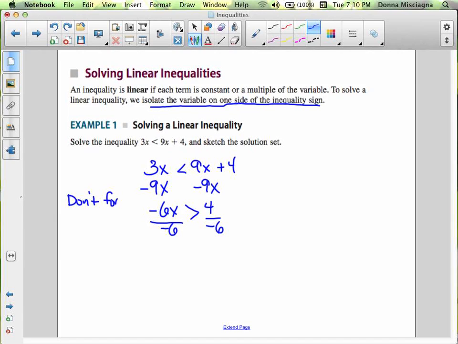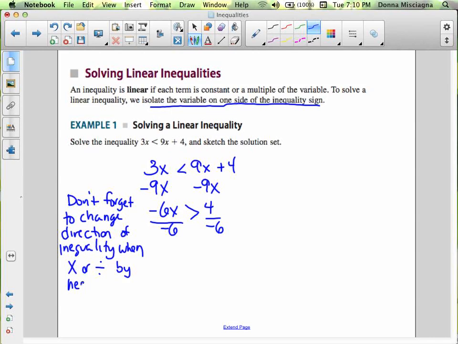Don't forget to change the direction of the inequality when multiplying or dividing by negative numbers. So that's going to give us x is greater than, we could reduce that, negative 2/3.